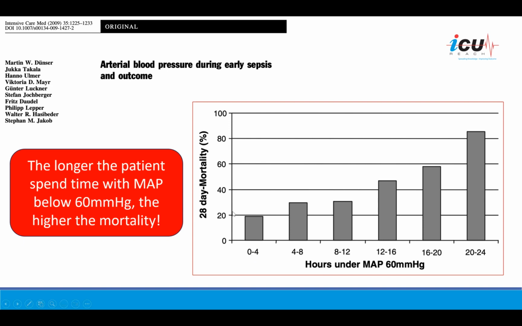Mortality is around 20% if that mean arterial pressure below 60 lasts only 0 to 4 hours. And you can see that it goes up all the way to above 80% if the duration is 20 to 24 hours. And this is 28-day mortality.